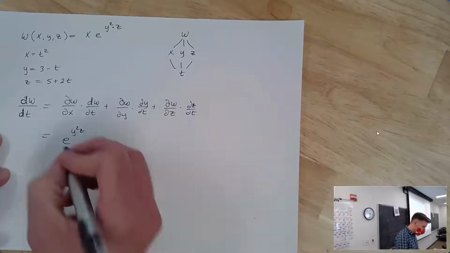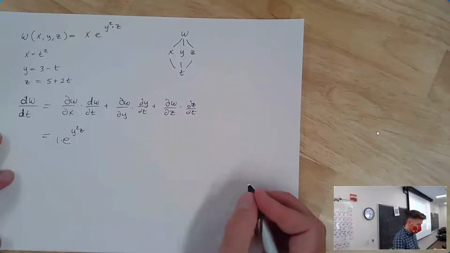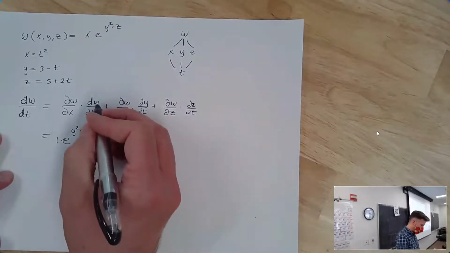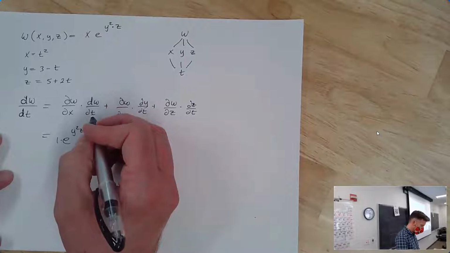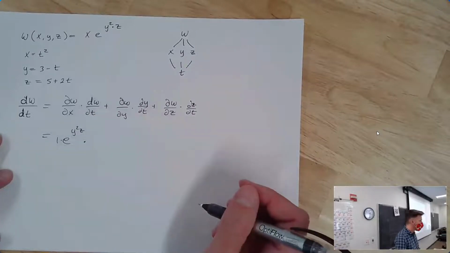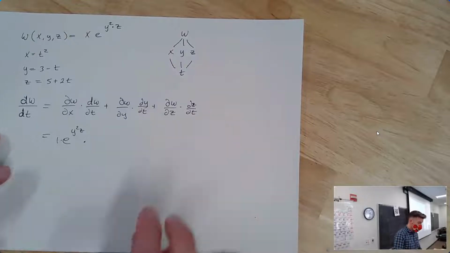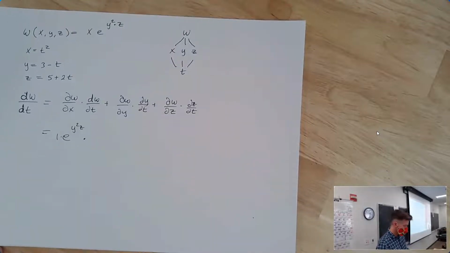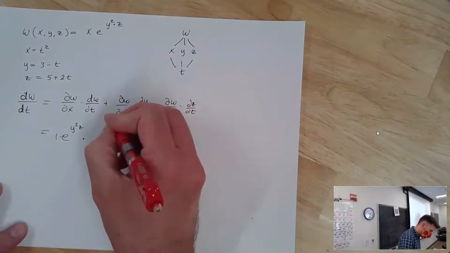Or I could really say 1 times e to the y squared z times dx dt, which doesn't look right. Specifically, let me point out these other ones.